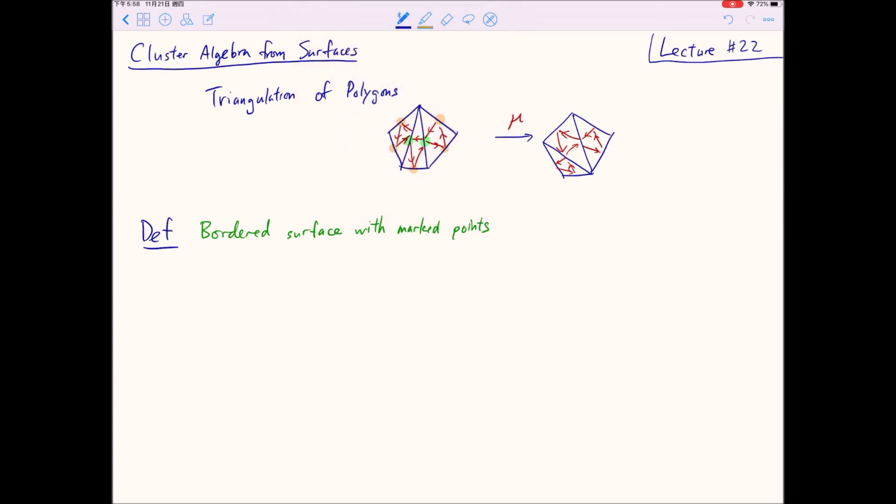This is a pair S and M, where S is just the Riemann surface, which will be a connected, oriented two real dimensional Riemann surface, and possibly with a boundary.